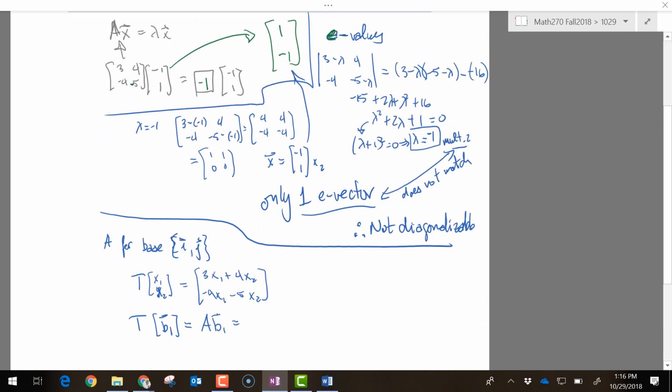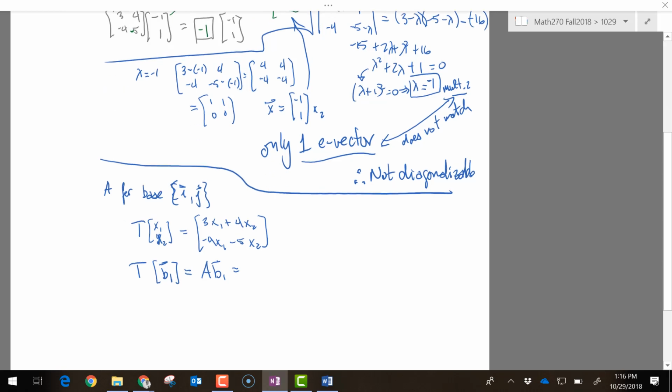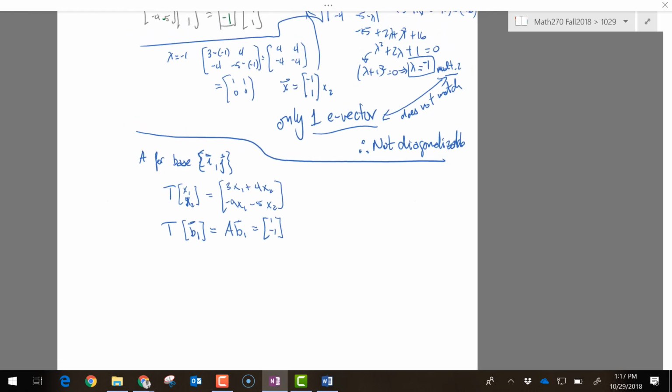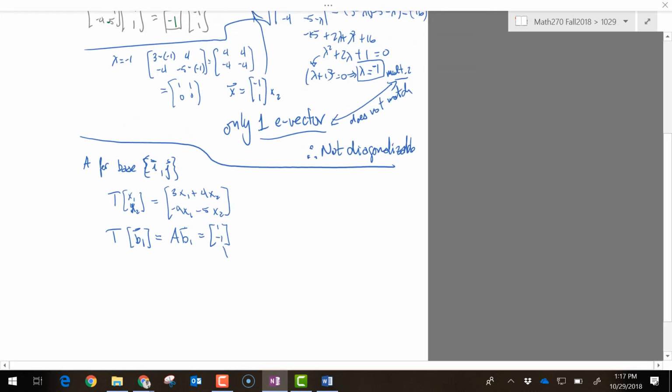That was 1, -1, right? Provided that our basis for the range space is still the standard basis, this is going to be one of the columns of your matrix.